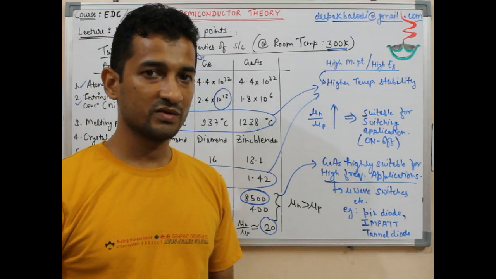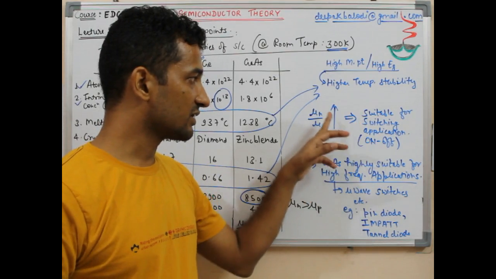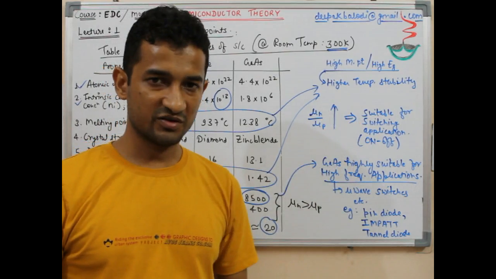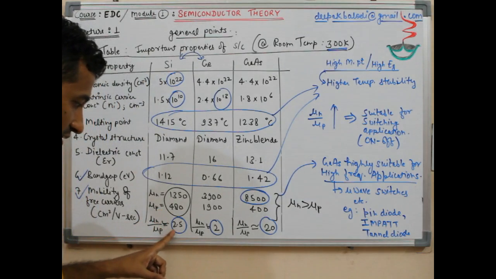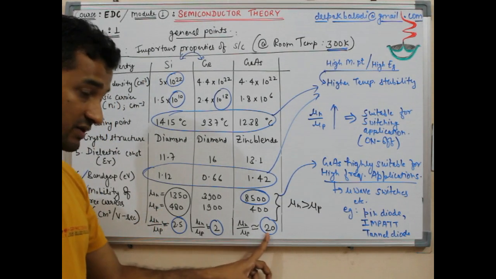So for high frequency switching, the mu n by mu p ratio must be high enough. That is found with either silicon or gallium arsenide.